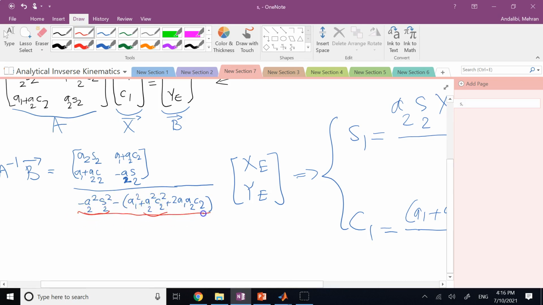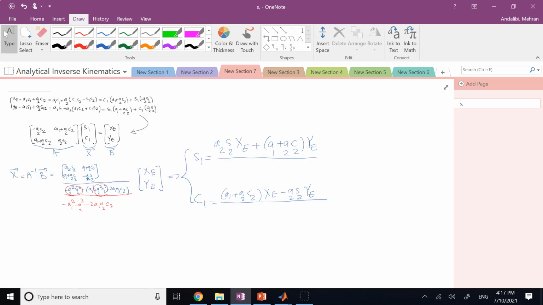So the whole determinant is going to be negative A1 squared, negative A2 squared. Negative A2 squared comes from these two terms, as I said, with the negative. And then negative 2A1 A2 C2, correct? That's what you have. Negative A1 squared, negative A2 squared, negative 2A1 A2 C2. And so, what you can do is write that down here.